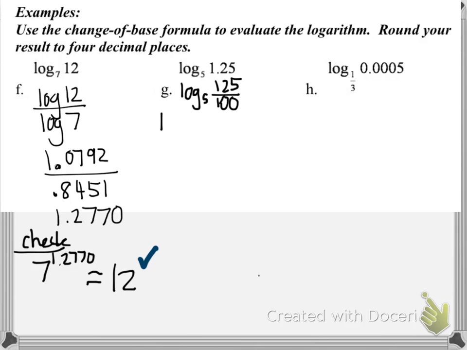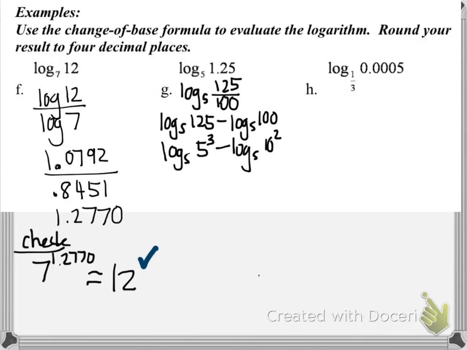And then I can use the quotient property by subtracting the two logs. From here, there are not going to be any numbers that go up to 125 or 100, so I'm going to change that into 5 to the third, and I'll change the other one to 10 squared. And again, we see that there are little exponents here, so I'll move those to the front of the logs.